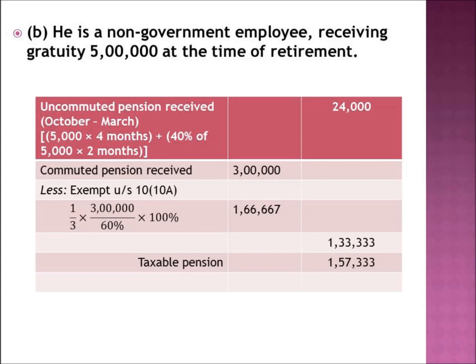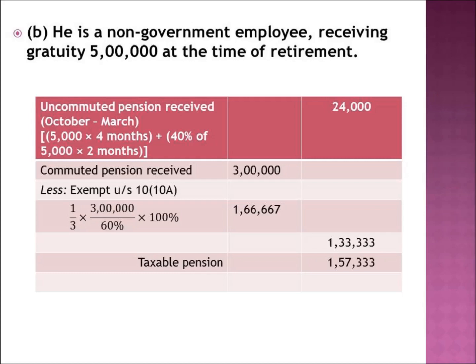The uncommuted pension is taxable in all the cases. So here also it will be taxable, because the uncommuted pension is fully taxable irrespective of the fact whether he is a government employee or the non-government employee. So here also, as we computed in the previous subpart, the 24,000 rupees of uncommuted pension will be charged to income tax.